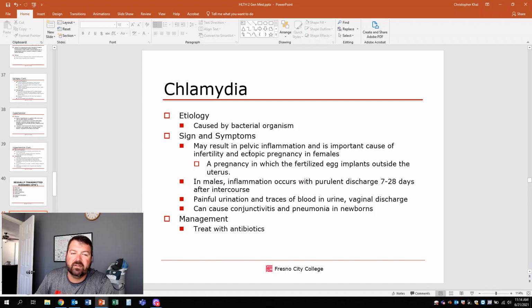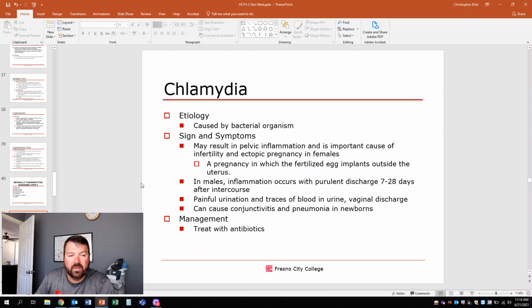Okay, so that fertilized egg is not bound to the uterus wall. It's usually stopped in one of the ducts or somewhere else. Can cause extreme pain and possibly complications associated with death.